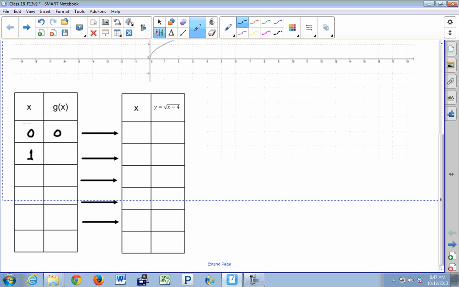If x is 1, the square root of 1 is 1. If x is 4, the square root of x is 2. If x is, what's the next one after 4? 9, that's nice and easy, 16, and 4. So my original points on my parent function g would look like this, and that's what's graphed above. Okay.